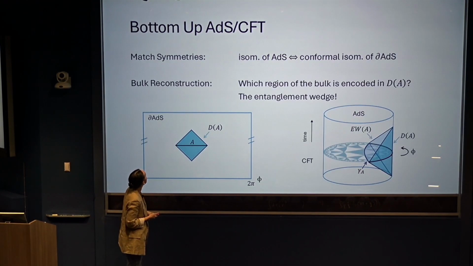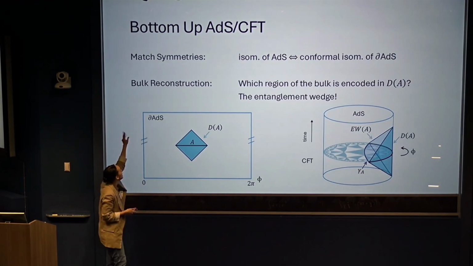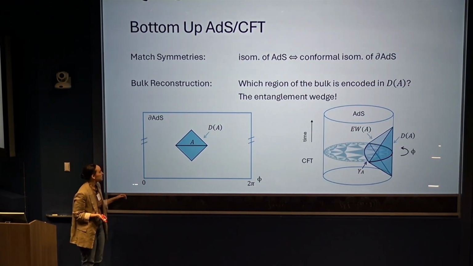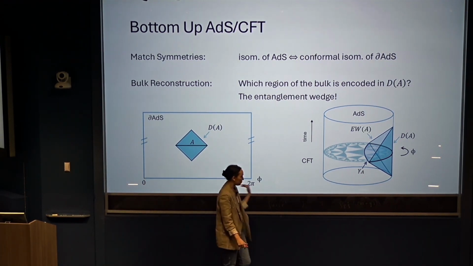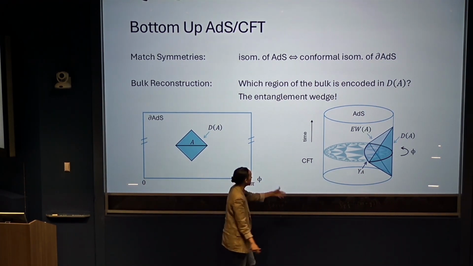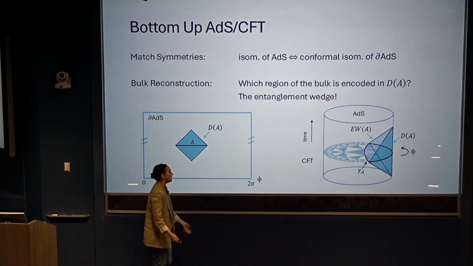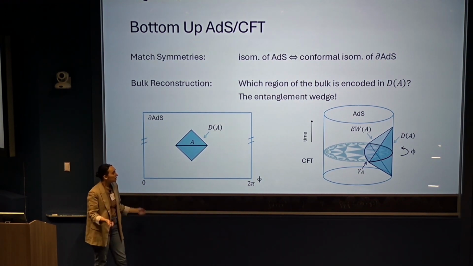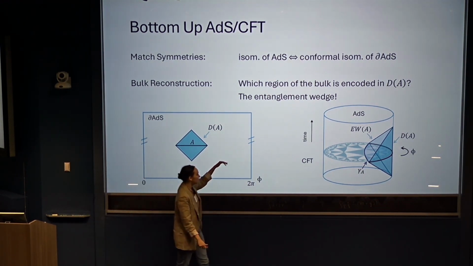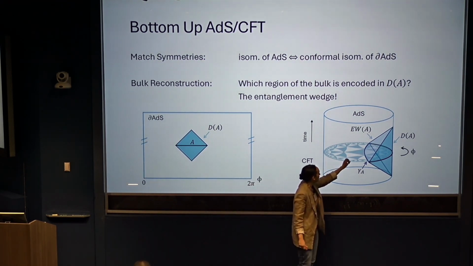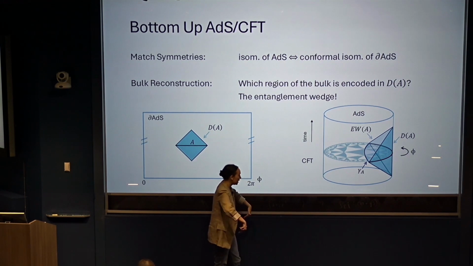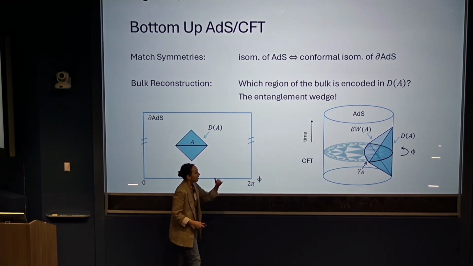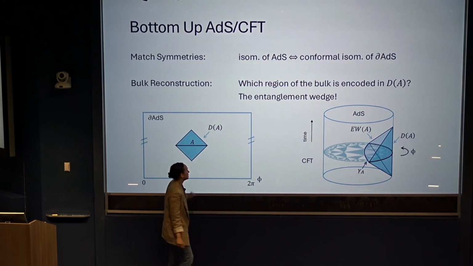So, okay. Now back to that motivation slide about bottom-up ADS-CFT. Not only do we have this RT formula, but everything I'm going to be talking about for the majority of the rest of the talk is related to an RT proposal in flat space. But again, to remind ourselves of what it's good for: Wall and others have helped us understand the extent to which I can reconstruct everything that's within that wedge defined by that extremal surface and the conformal boundary, where I have this domain of dependence in the boundary.